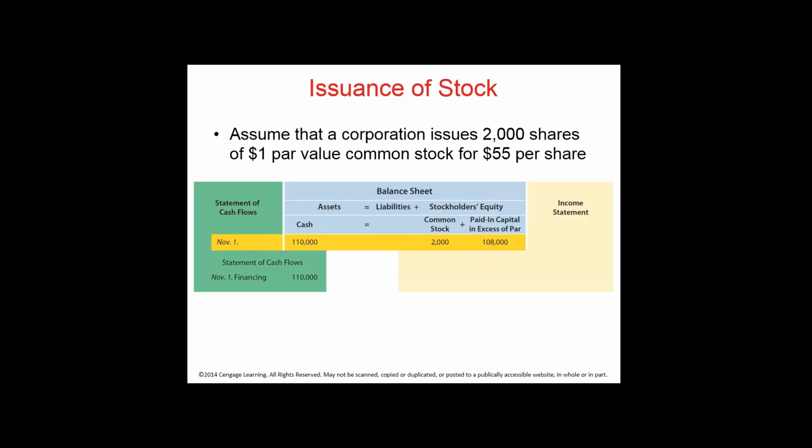All right, so let's look at this. We're going to issue some stock. Now remember one other thing here. The only time a corporation issues stock is at its initial offering, that IPO, initial public offering, because once that stock is sold and is in the hands of stockholders, the corporation has no further control of it.